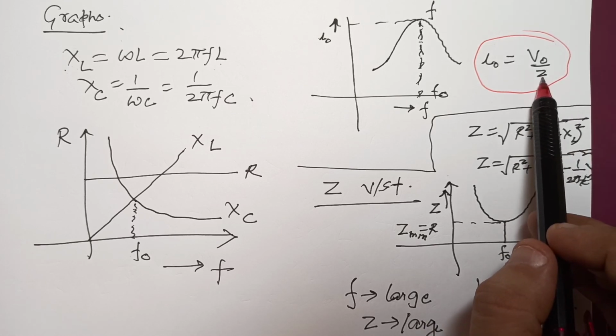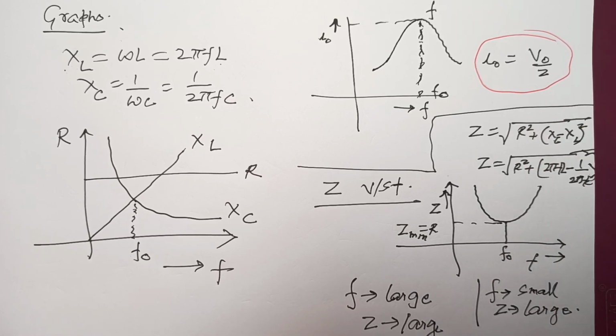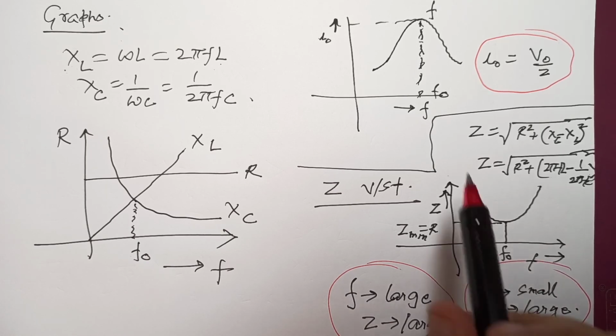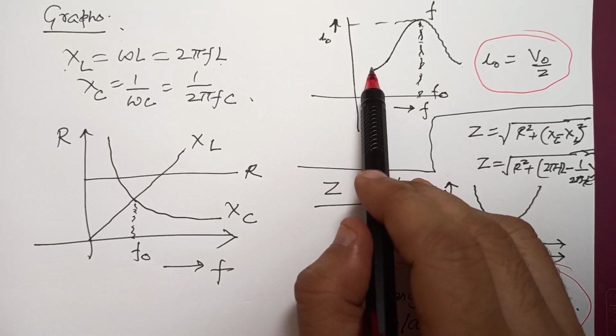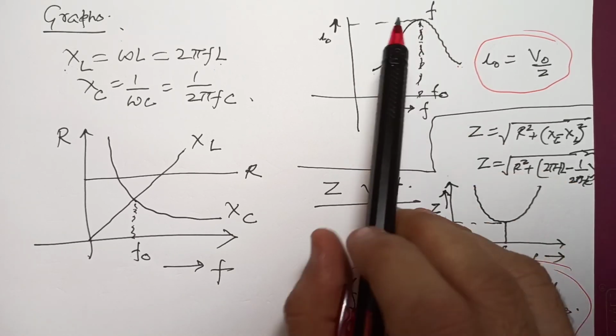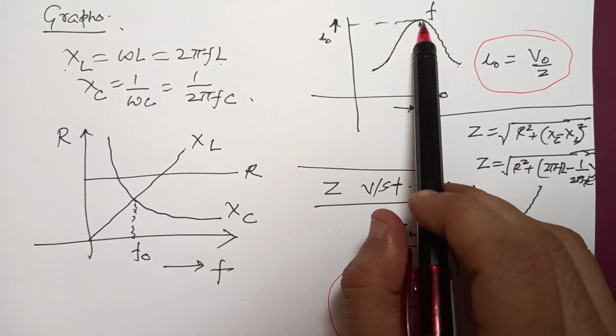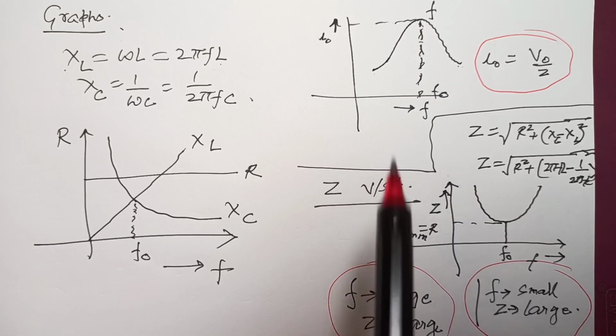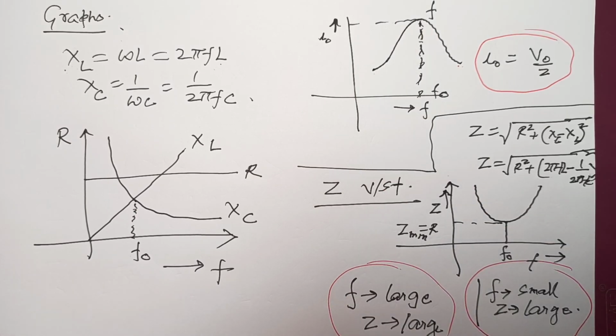Now, when will Z be high? I told you two cases, this and this. In both the cases, I naught would be low. Now, somewhere in between, I naught would be high, where XC is equal to XL and both cancel each other, and it's a pure resistive circuit. I hope it is clear now.